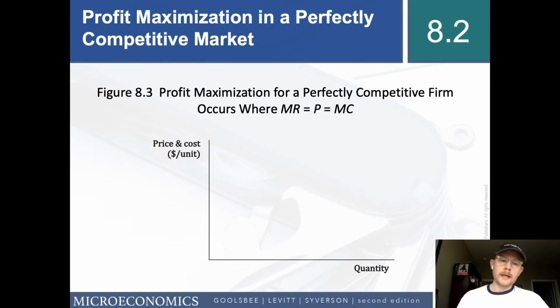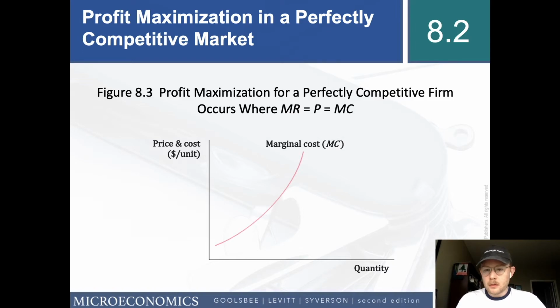So we have the profit maximizing case for a perfectly competitive firm. We have our marginal cost curve, which should look familiar to you at this point. It's upward sloping with quantity. That reflects the idea that producing more units becomes more costly over time.